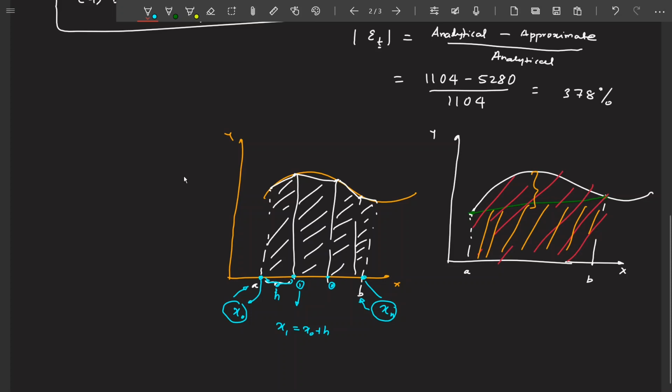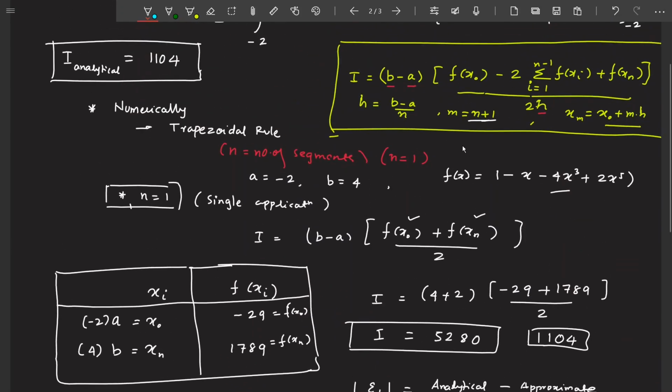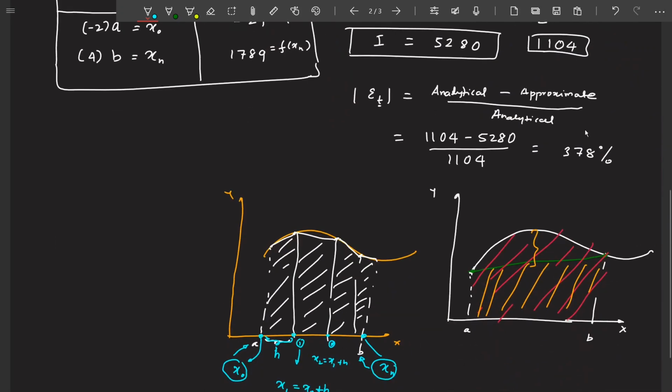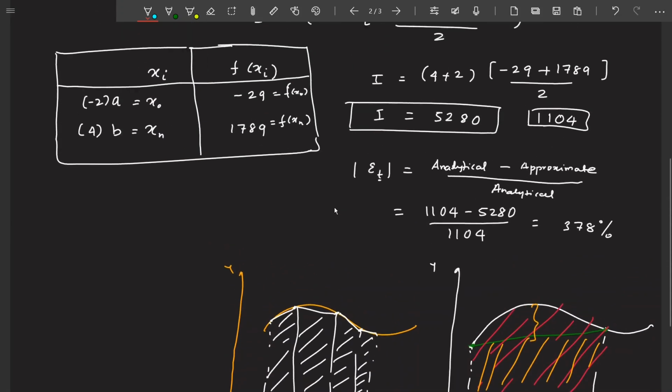What about x2? It is x1 plus h, and so on till you reach xn. So the next point you get by adding the step size. That is why we wrote this formula, and now I hope you understand the significance of that particular formula.